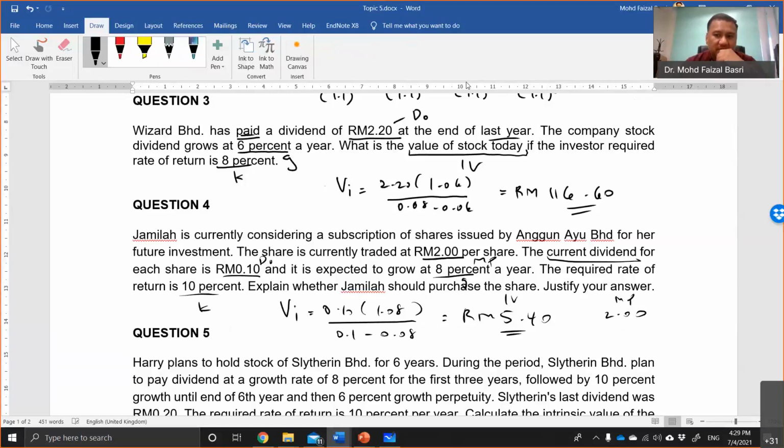Buy. Why? Undervalued. Because the market price is cheaper than the real value, so we should buy the stock. If we say do not buy, the reason is overvalued, that's it.